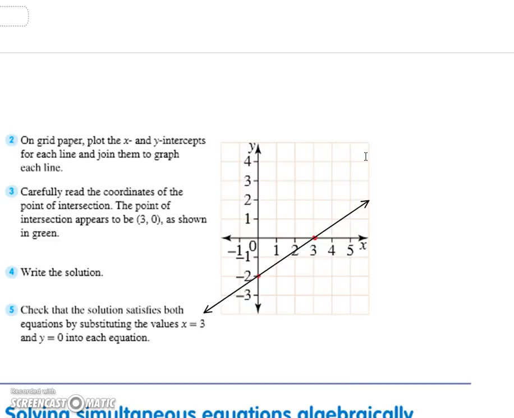That's our first line. Last thing you've got to do, write the equation next to it: 2x minus 3y equals 6. That's the first one.